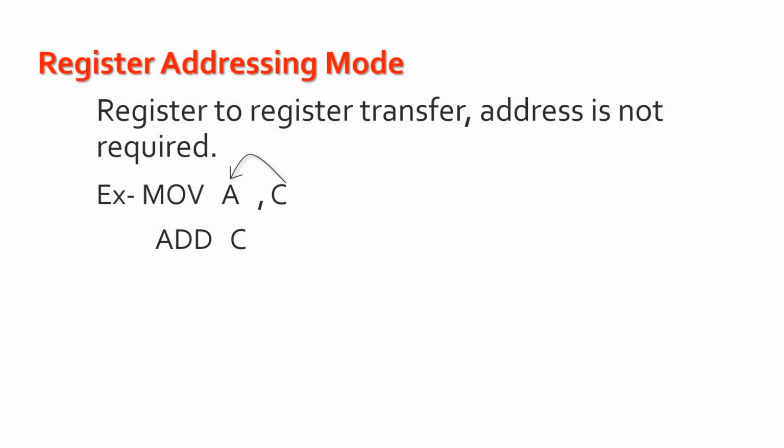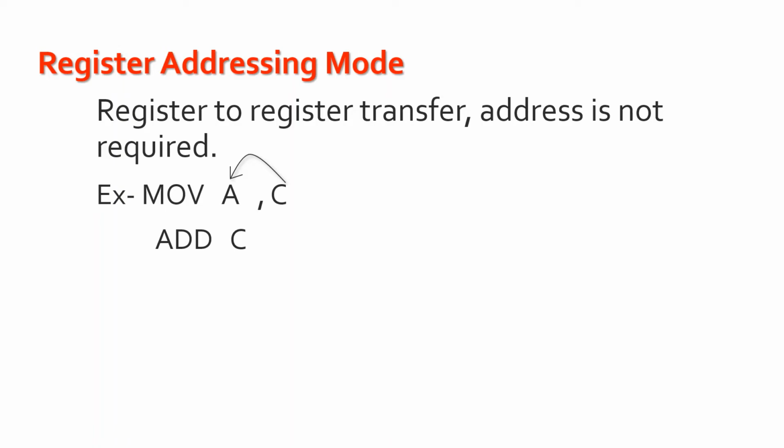Next is register addressing mode. Generally these are 1 byte instructions, that means 8-bit instructions. Here the register name is specified within the instruction itself, or this is also called register to register transfer, where an address is not required.